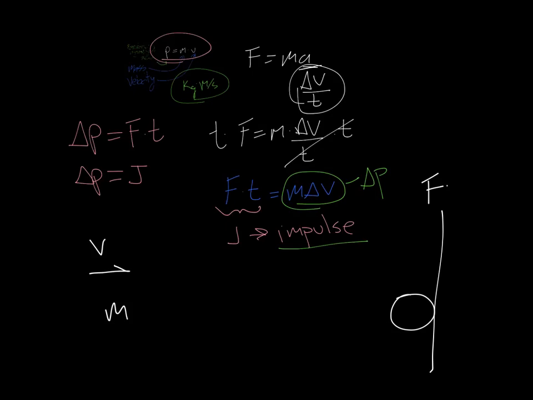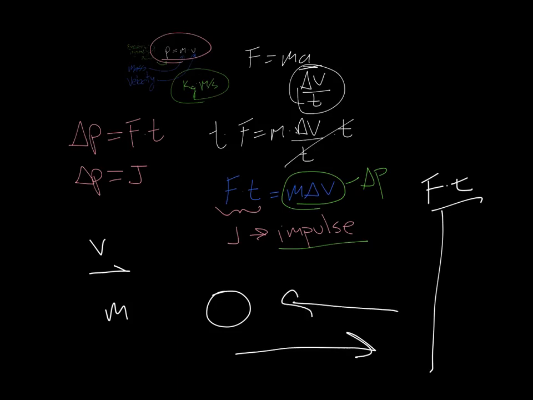We'll call that force times time the impulse. That impulse is going to cause it to change its momentum. It's either going to come to a complete stop, so the ball hits the wall and stops, or it could hit the wall and bounce back, which would be a change in its momentum from this velocity to this velocity.